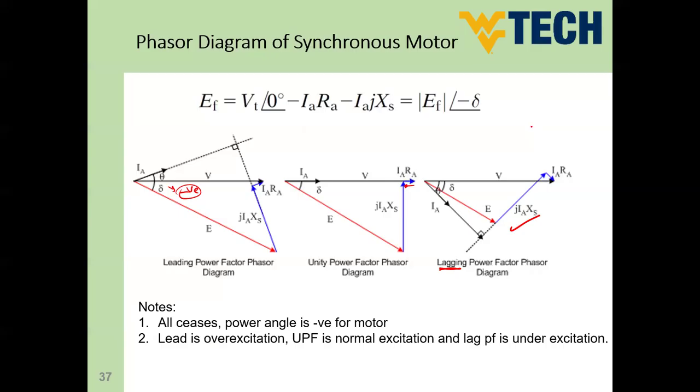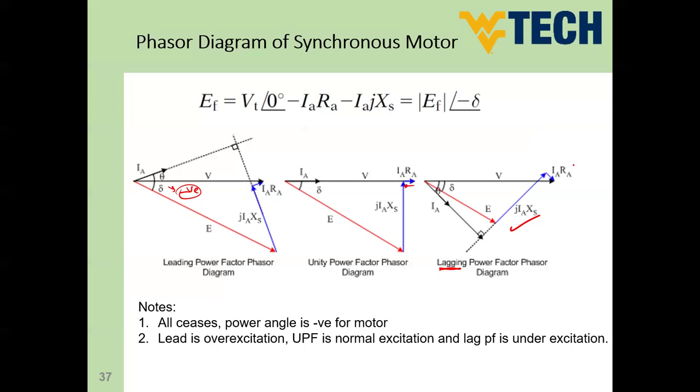If the calculation gives a positive power angle, this means it's generating operation. If you find the opposite, something is wrong. I mean, if the machine is working as a motor and you got the power angle with a positive sign, something in your calculation is incorrect. You have to repeat your calculations again. So this is the concept of the power angle.